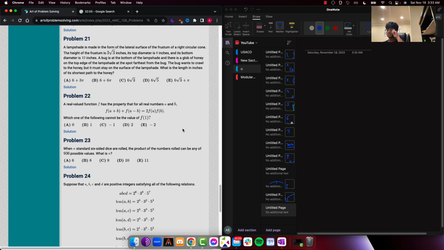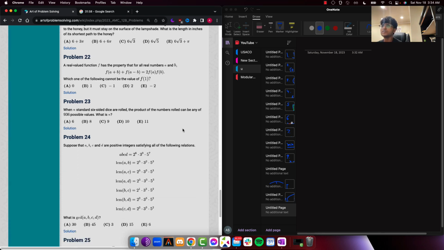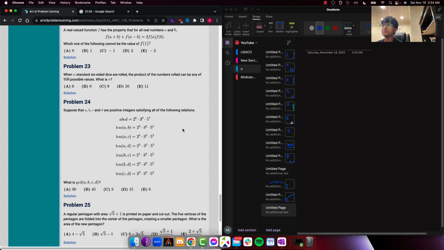Yeah, this looks like a weird one. And then we have this weird LCM one. This looks like an LCM square, similar to the LCM triangle question from before.